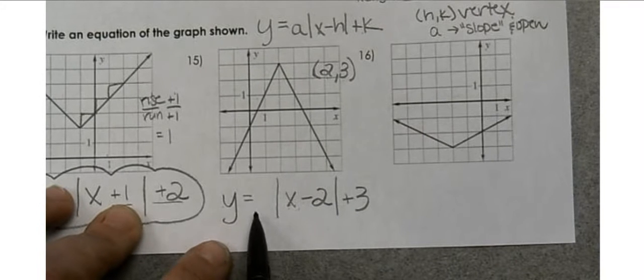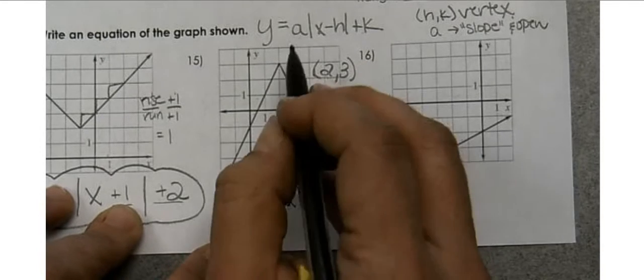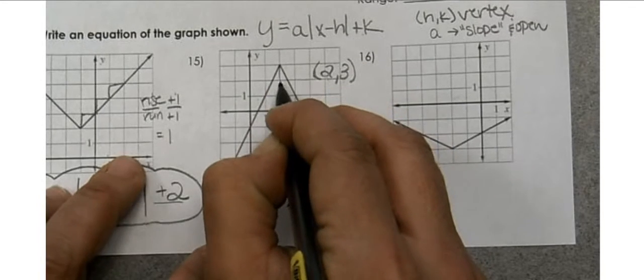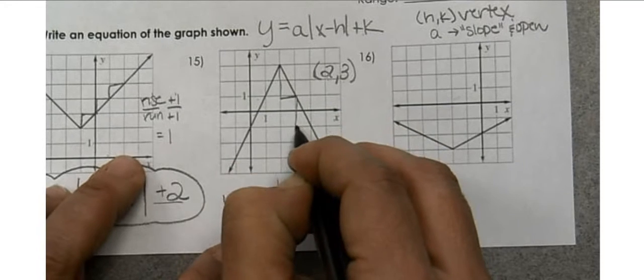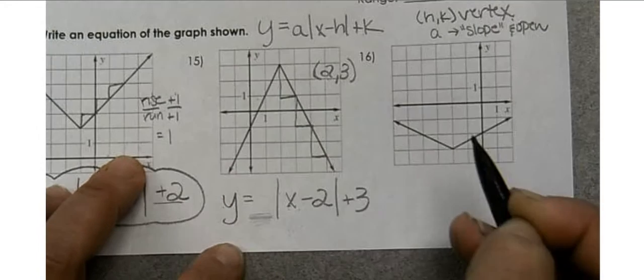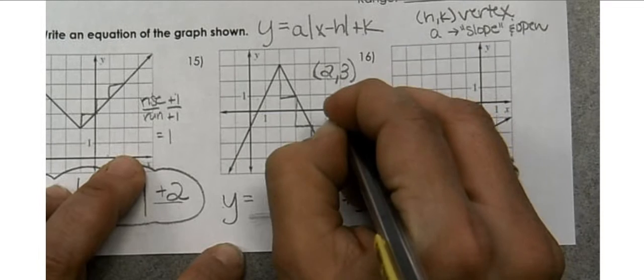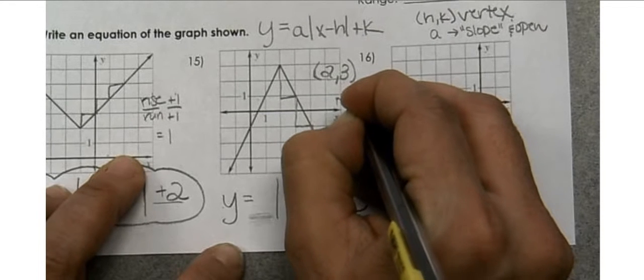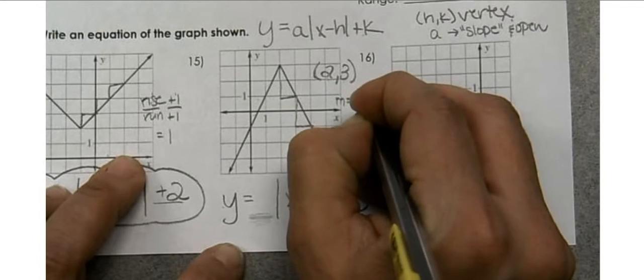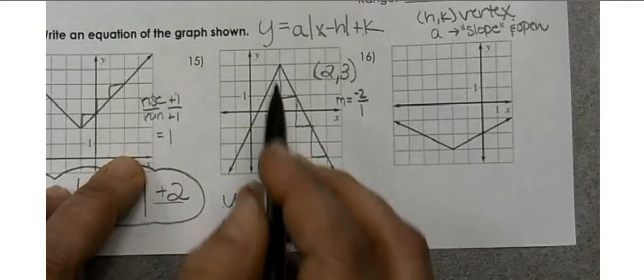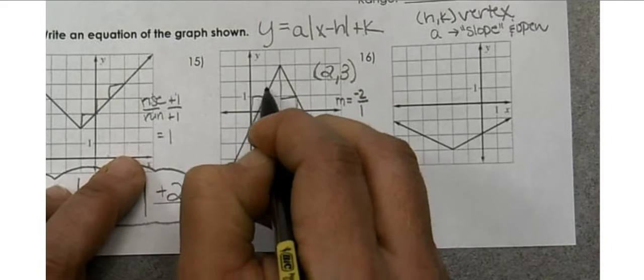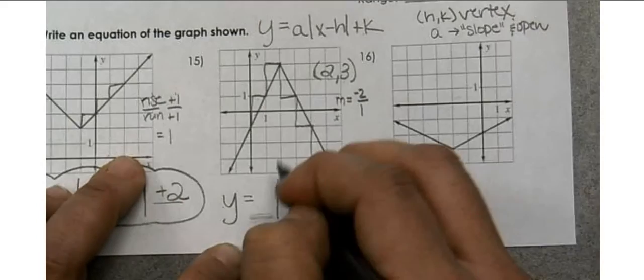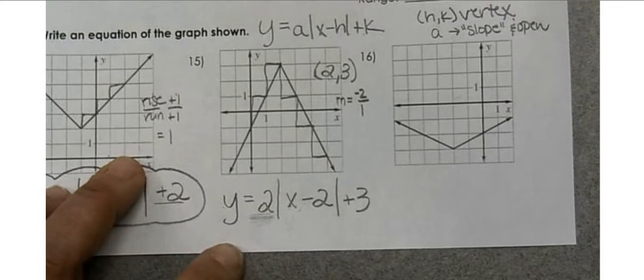Now we need to see if there's something that goes in front. So we look at the slope. If I look at my rise over run, it looks like my slope here is down 2 over 1. Notice on this side it's up 2 over 1. So we know there's going to be a 2 here for our slope.